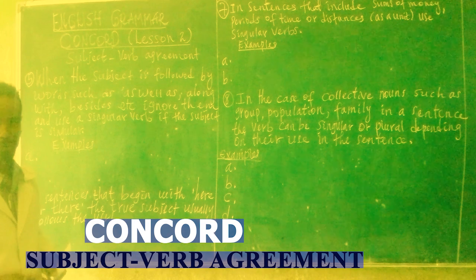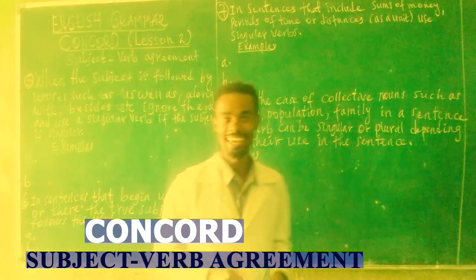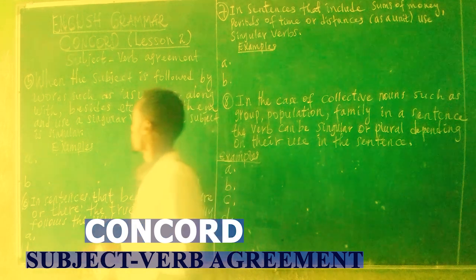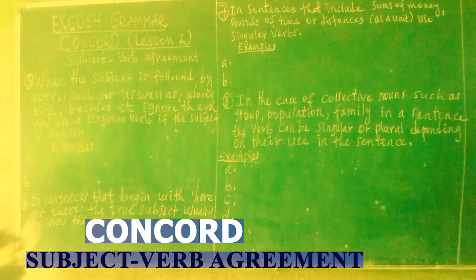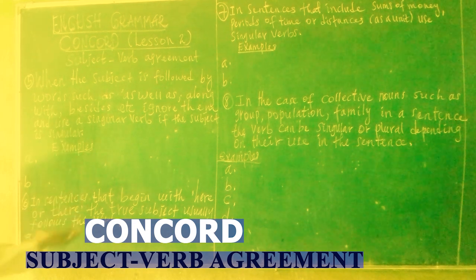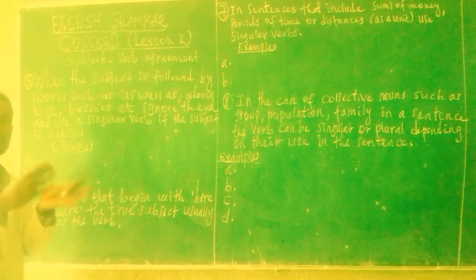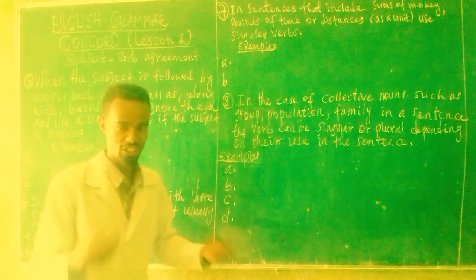Concord is subject-verb agreement, which means the rules for using subject and verb in the English language.